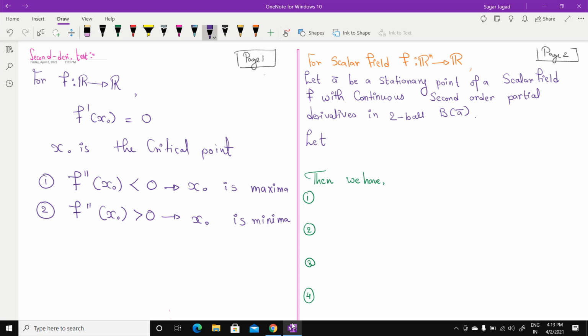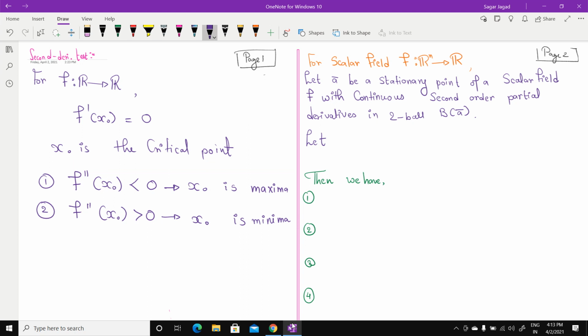First of all, we consider a stationary point and we want to find the Hessian. To find the Hessian, we should have continuous second order partial derivatives in some ball B around a bar. You don't have to worry about it, because whichever question we discuss, this will be satisfied for sure. But you should know the required basic condition.